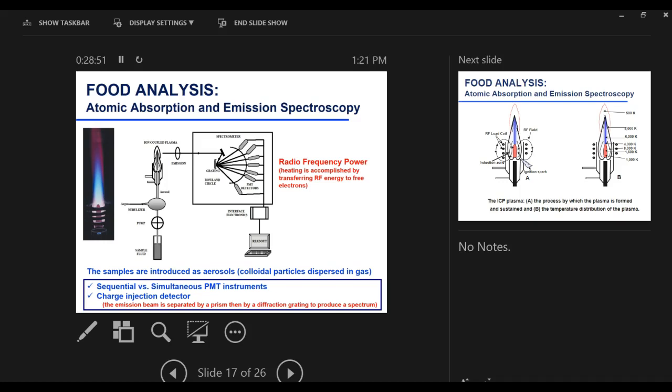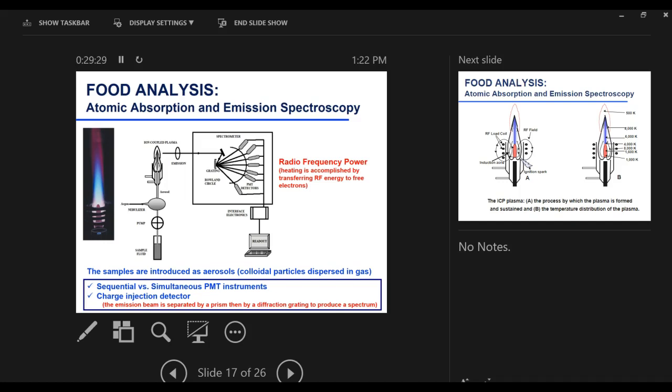And then you don't have a lamp, because the plasma is the source of atomization and the excitation. So your atoms or your molecules that get into the plasma, they get atomized and then they get energized. So they get excited, and then after excitation, they go down to ground level, and then they emit light. The emitted light goes into your detector.